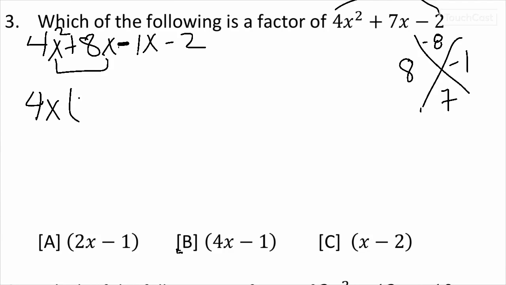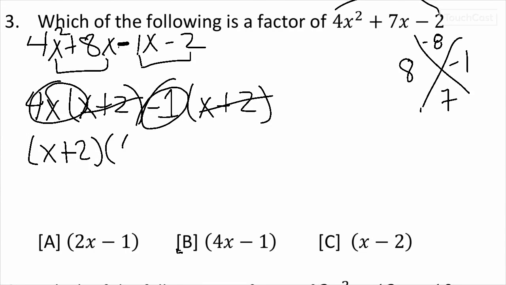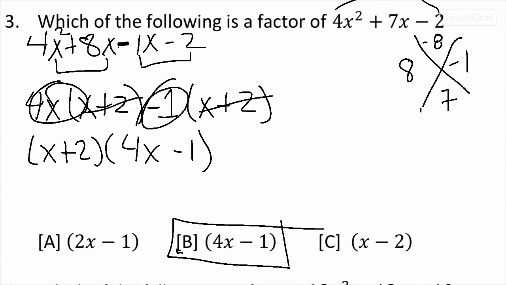Forgot my x squared. And then the GCF is that negative 1. Remember, if I take a negative out, I only have a positive left. Common factor is x plus 2. I'm going to remove that first. And then what's left is 4x minus 1. Okie dokie. That would be B.